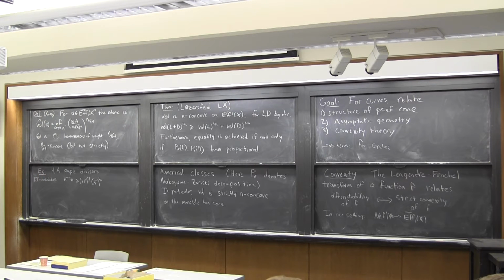This is a classical Khovanskii-Teissier inequality, or one of the versions of it. If you just divide to the other side, this shows that vol hat of H^(n-1) is equal to H^n.